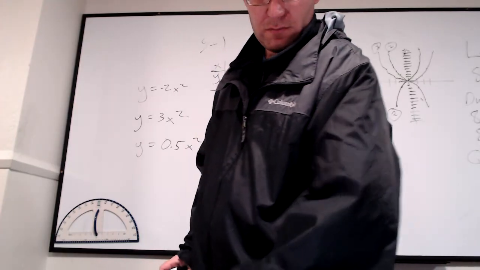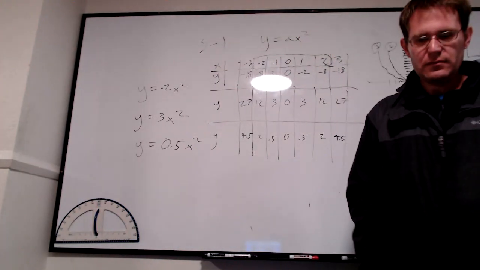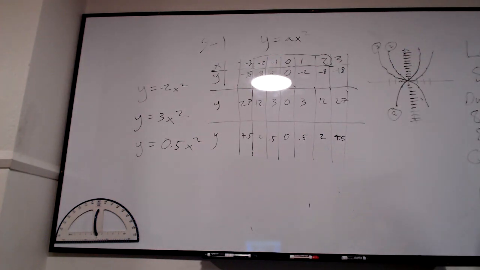The number in front, the a, is 0.5. What happens to that parabola? How do the parabolas that have 3x squared and 0.5x squared compare?